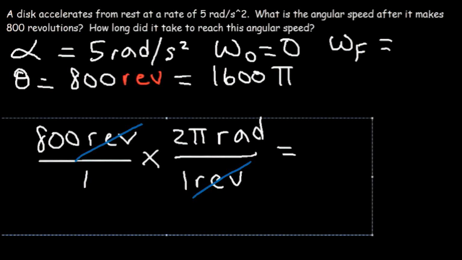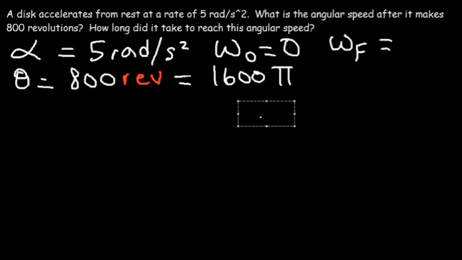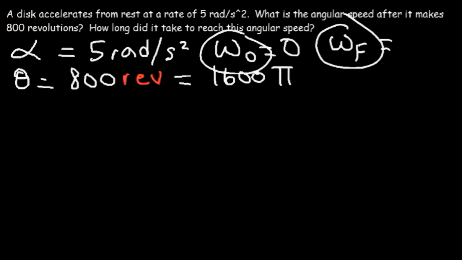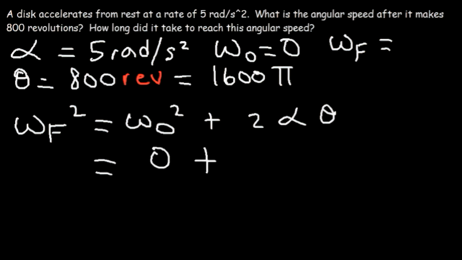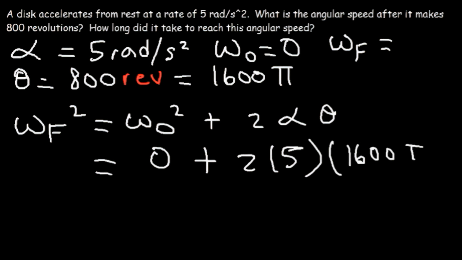Now, what equation do we need that contains omega final, omega initial, alpha, and theta? The equation that we need is omega final squared is equal to omega initial squared plus 2 alpha times theta. Omega initial is 0, alpha is 5, and theta is 1600 pi.